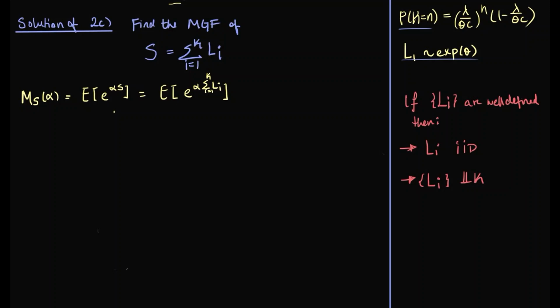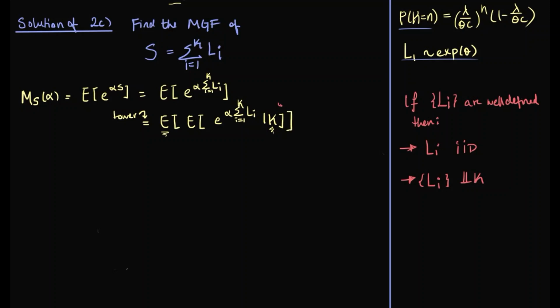So one of the things that we can do is use the tower property, as we have done tons of times before. We will condition on K, and then we take the mean value outside.